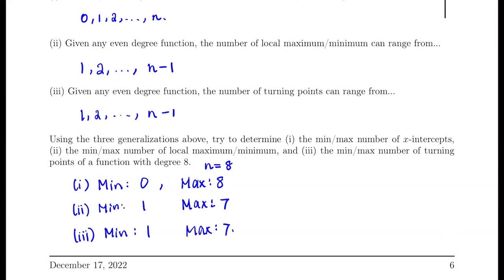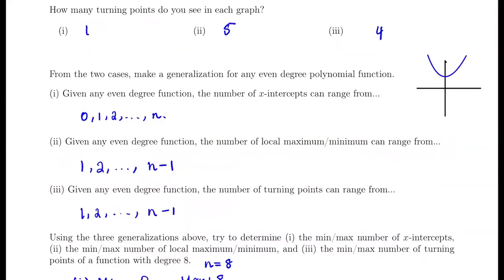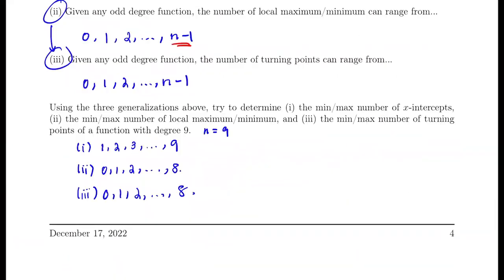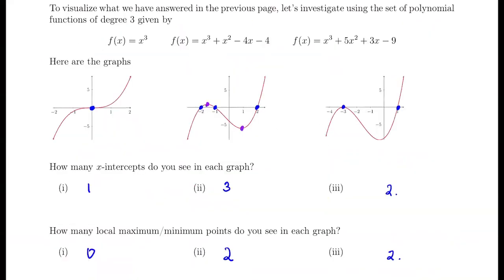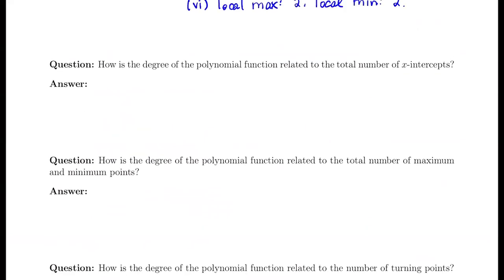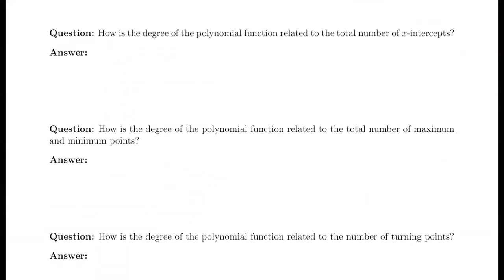Okay, so we had a look at the even degree case, and we also had a look at the odd degree case. So going back to the question up here, how is the degree of the polynomial function related to the total number of x-intercepts?